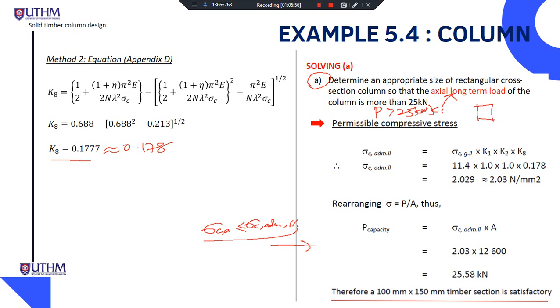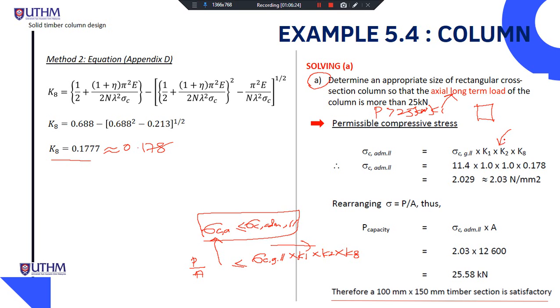The actual stress is P over A, and the permissible compressive stress is equal to compression parallel to grain multiplied by K1, K2, and K8.